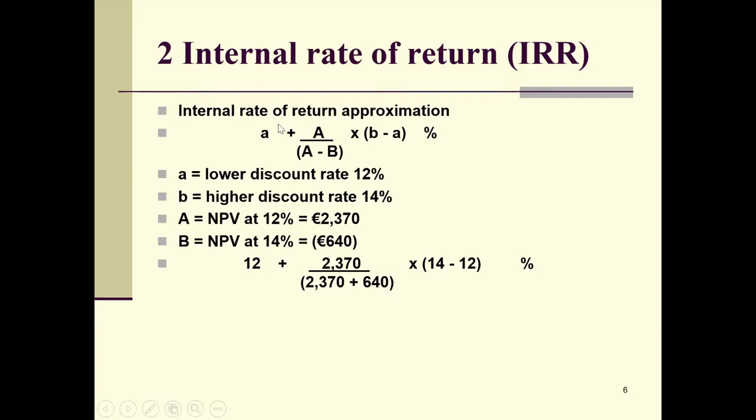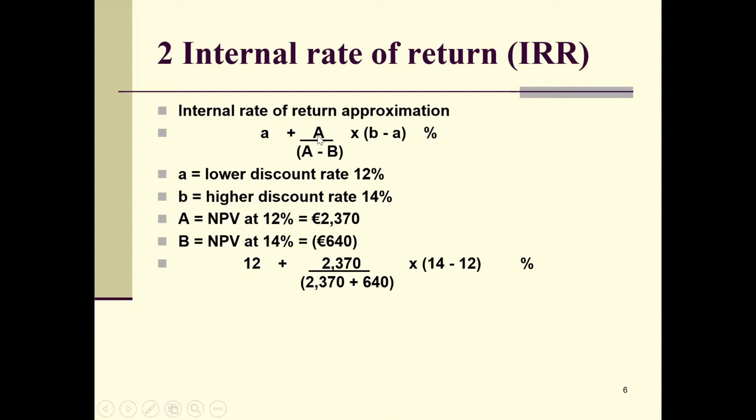So the little a, the lower discount rate, is 12. I could put in percent there. I just call it 12. It's 12 plus something. And then over on the right-hand side, we have the difference in the discount rates. The 12 is the little a and the 14 is the little b. There's your old 12 minus 4, or 14 minus 12, sorry.